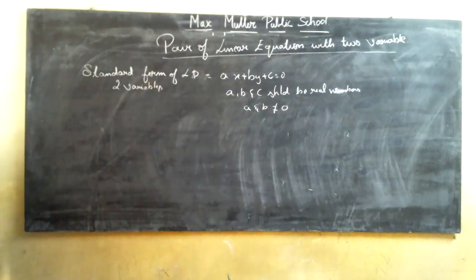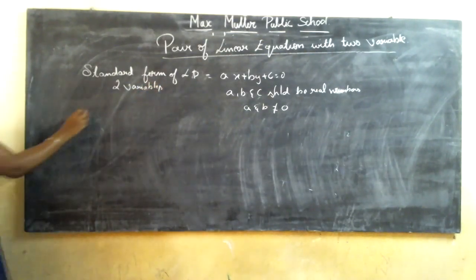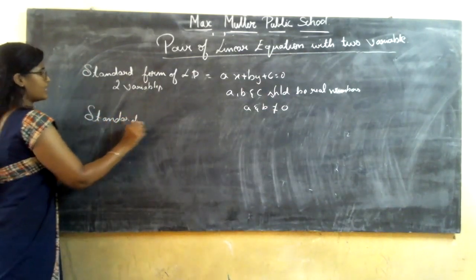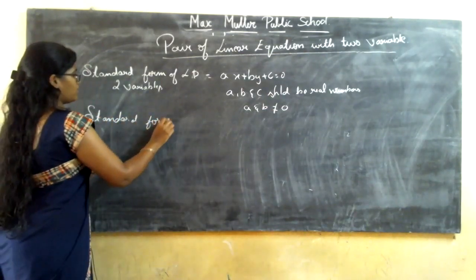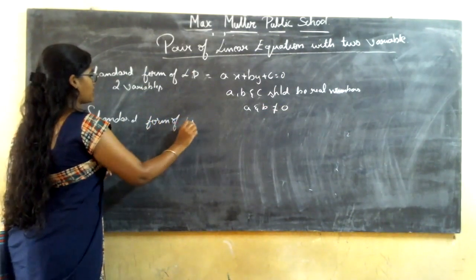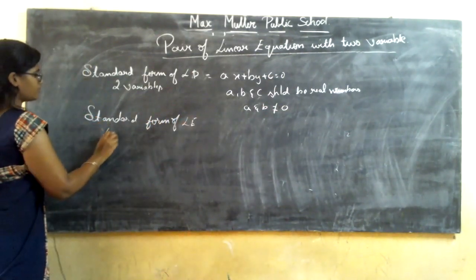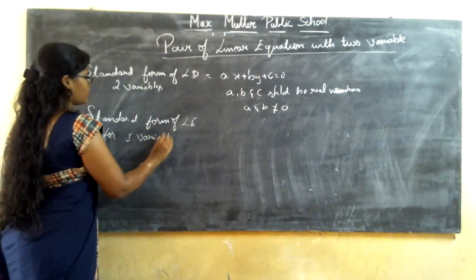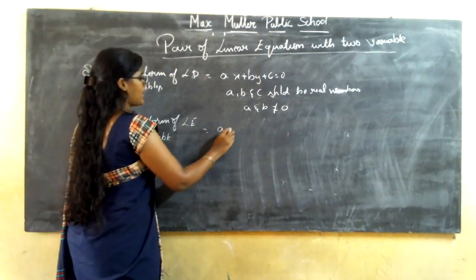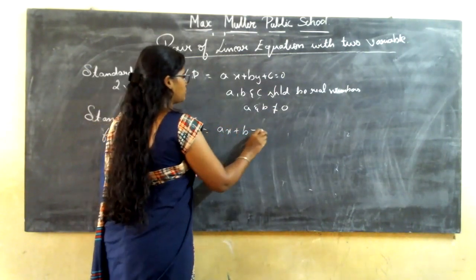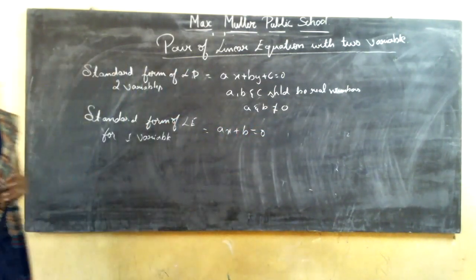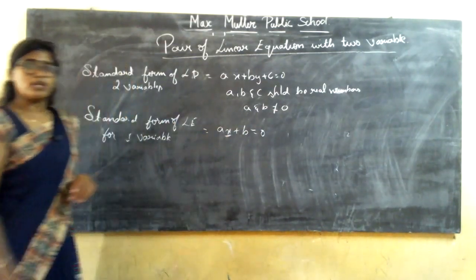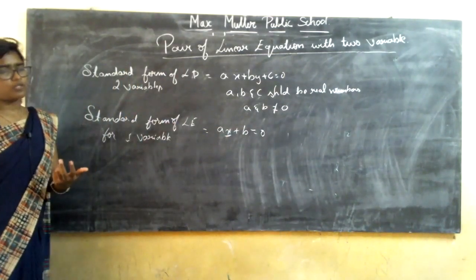Next, if you have only one variable, then what will be the standard form of a linear equation? The standard form of a linear equation for one variable will be ax plus b is equal to 0, or ax plus c is equal to 0, but you should have only one variable, that is, a numerical coefficient with x or y should be there.